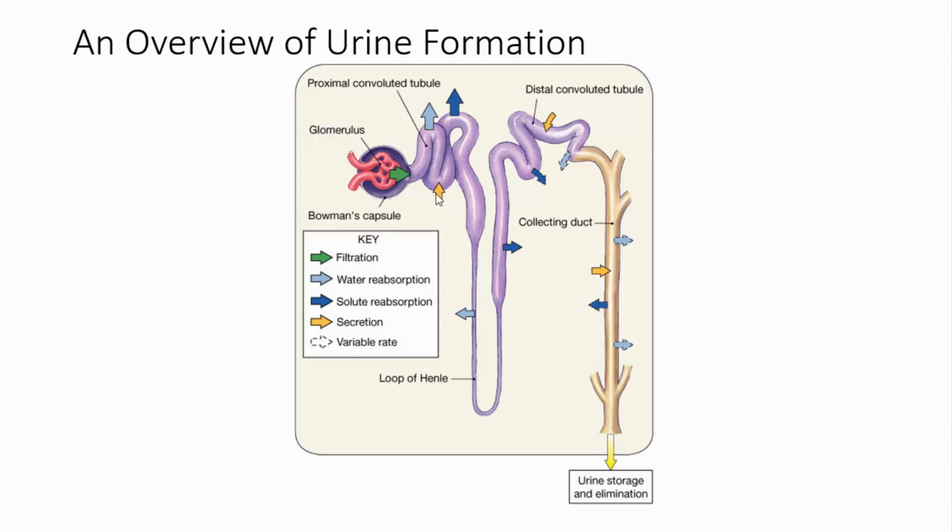And we also have secretion. And it's kind of opposite of what you would think. I would think that this is secreting. No, it's the tissue that is secreting back into the tube. We have reabsorption of water and solute from the tube back into the tissue.